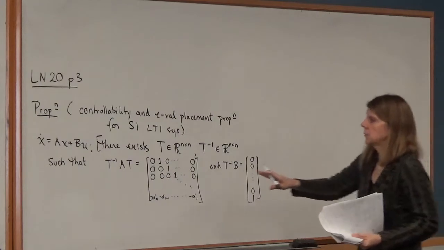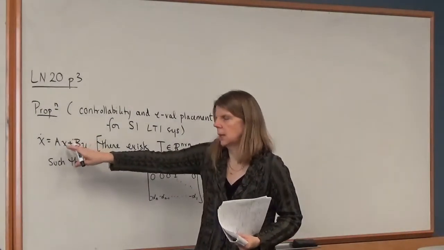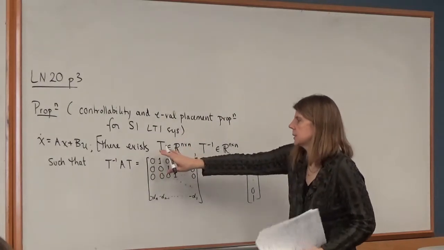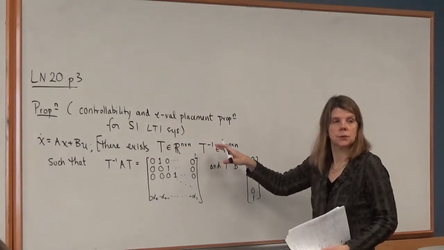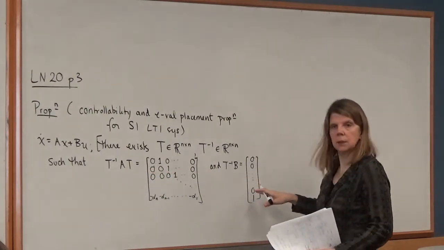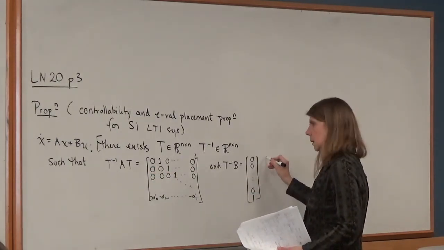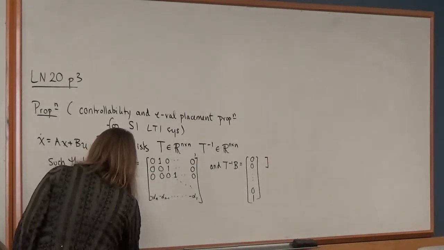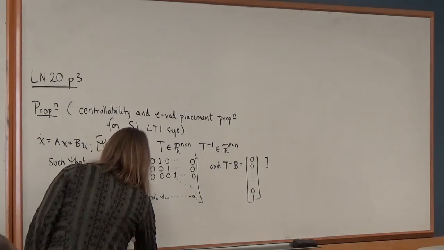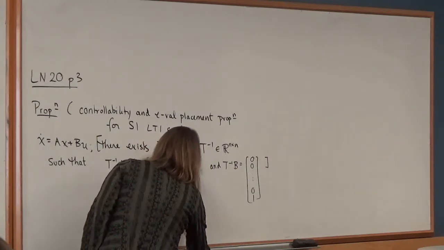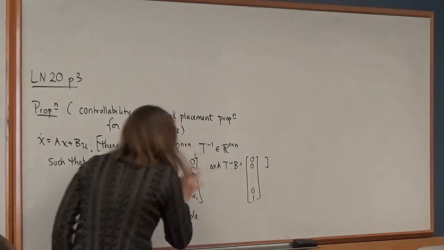So you're given a general LTI system, single input, single output. The proposition states that there exists a similarity transform T which takes A, B to this form here. That's one half of the statement, if and only if the system A, B is controllable, or as we defined last day, completely controllable.